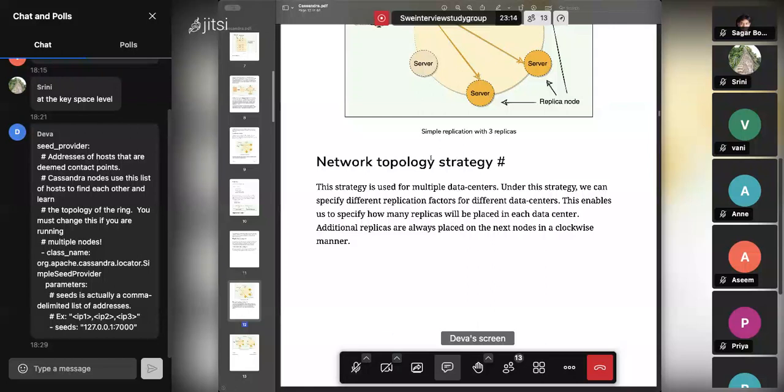In that case, it's just one node and you don't need any replication or anything. But let's say you want to run two or three nodes, how will the nodes communicate? So in the node, you need to tell it these are all my seeds.